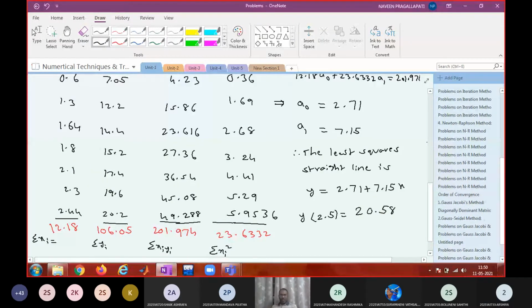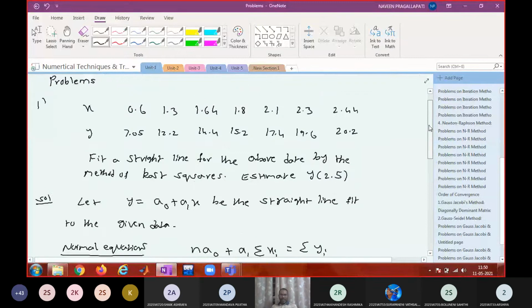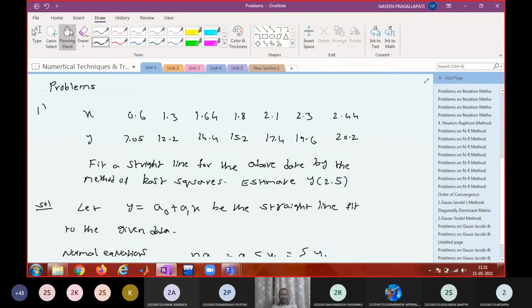Okay, so when you're rounding to 2 decimals, it will be 59, right? Or you may write 585. So 20.585. So the values are increasing in a linear fashion. So at 2.5, you are getting 20.585.